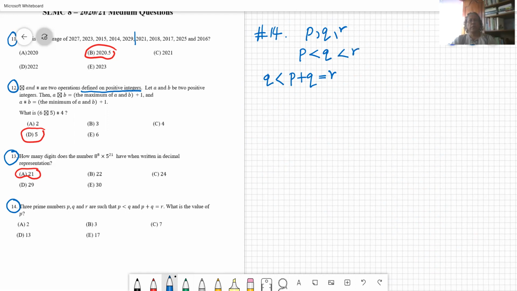And since R is the sum of 2 primes, and we know that except 2, all the primes are odd.